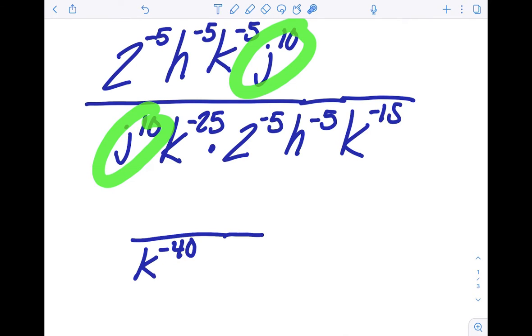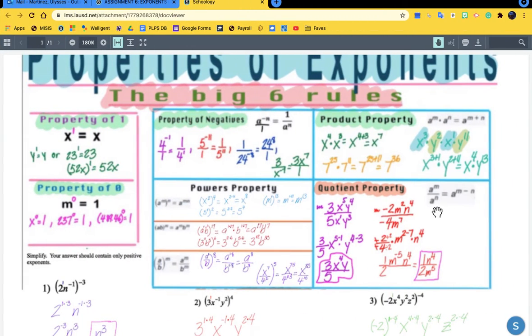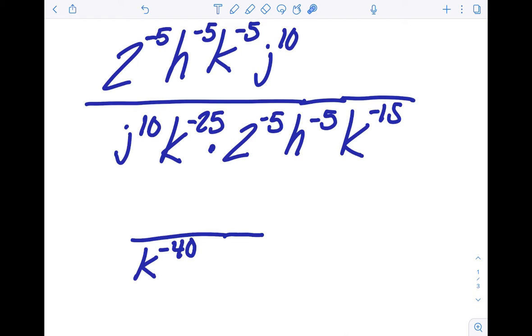Well, when I'm dividing, 10 minus 10, I subtract. Again, quotient means I subtract, see? x to the 5th and x to the 1st, I do 5 minus 1. So 10 minus 10 is 0, right? So these eliminate right here.